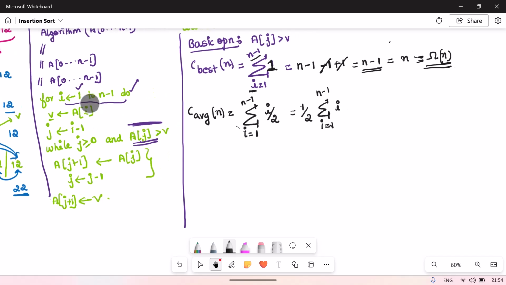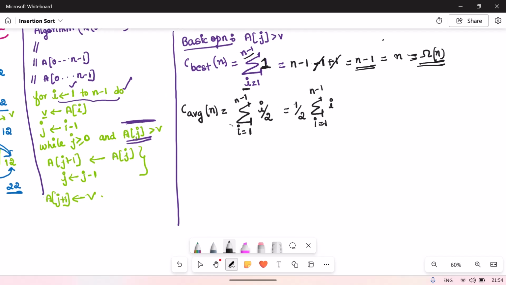Correct? Now, how do you do the calculation for the summation? See, I am applying the summation on i. Is the term also having i? Yes, it is. So in that case, whatever final term you have, that into its next term will give you the summation.